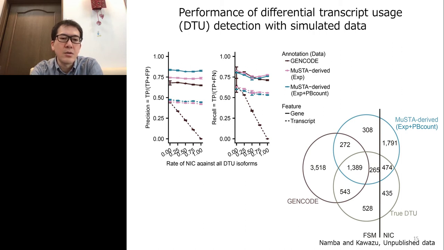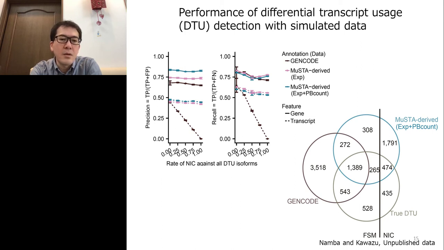Even under that condition, performance of DTU detection with the MUSTA-derived transcriptome is higher than that with the Gencode transcriptome.